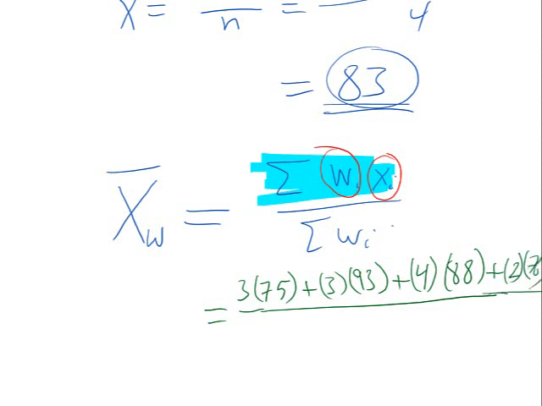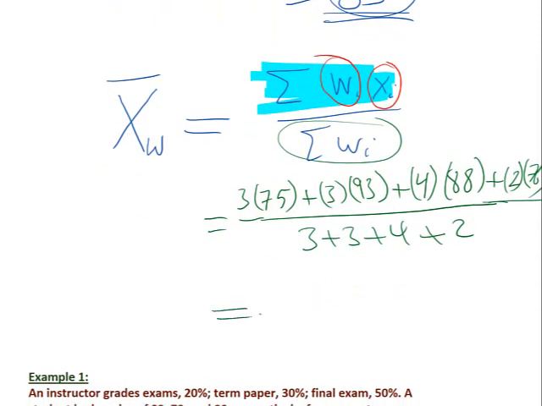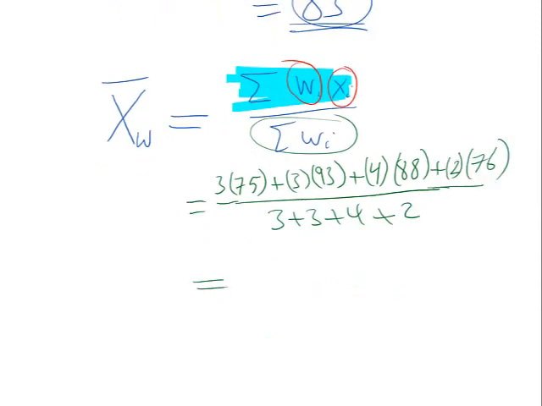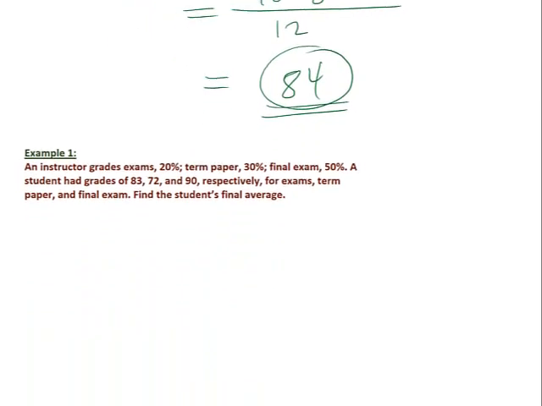We divide by the sum of the weights, which is 3 plus 3 plus 4 plus 2, the total credit hours. So this is equal to 1008 divided by 12, which is 84. So this is the weighted mean for the scores. Let us see some more examples.